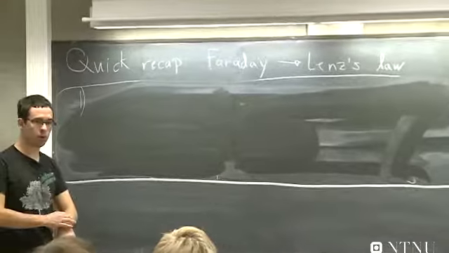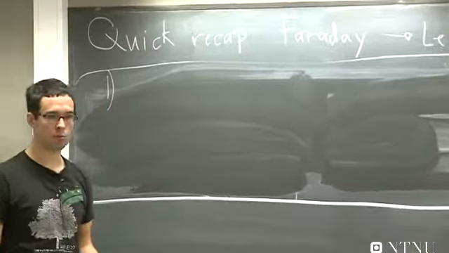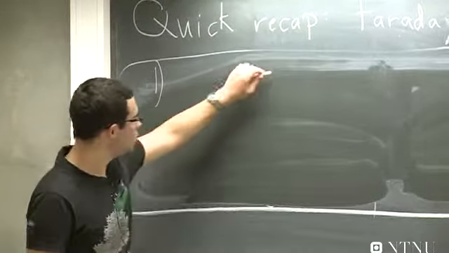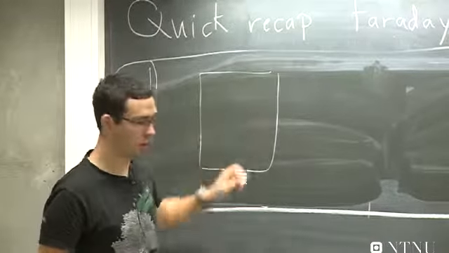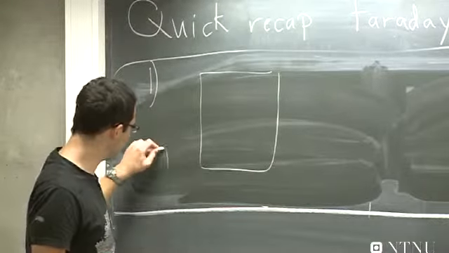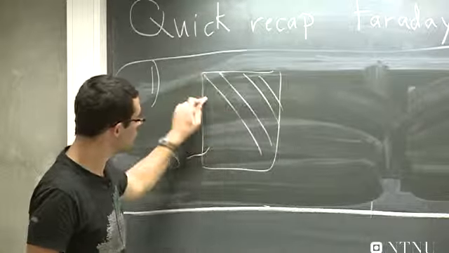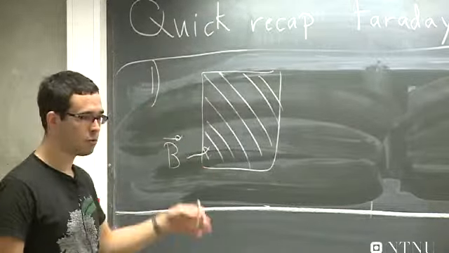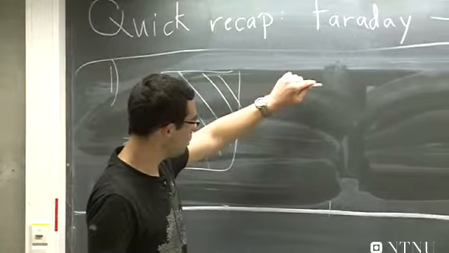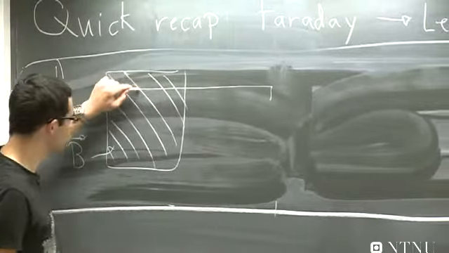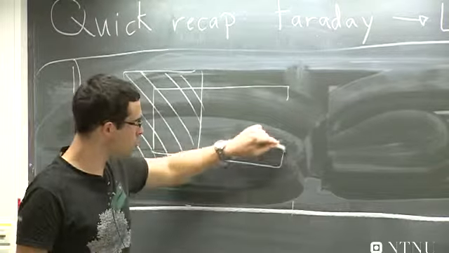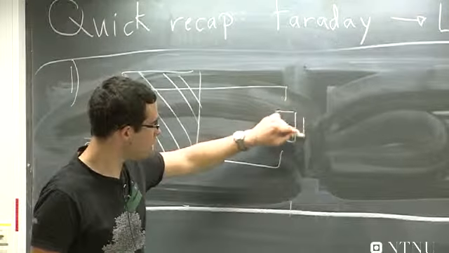So, first experiment was the following. Faraday had a lot of permanent magnets stored in his house, so he built himself a region where he had a magnetic field. Some region in space where there's a magnetic field. He took a wire and made a loop with a resistor here.